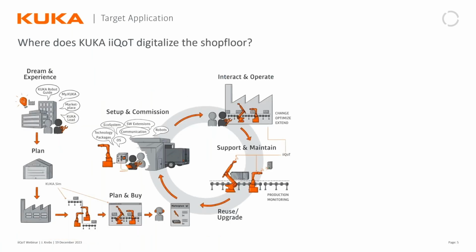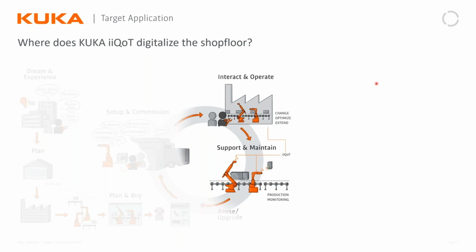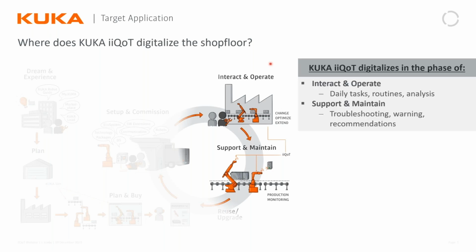The next point is, where does KUKA actually digitalize the shop floor? This picture shows, I would say, a path or a digital customer journey with digital products for KUKA, all the way down here, and then it goes into this cycle. iiQoT itself focuses on these two phases, which are interact and operate, and support and maintain.